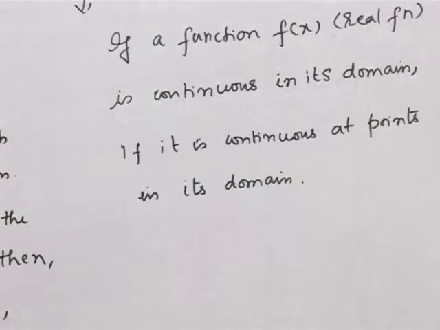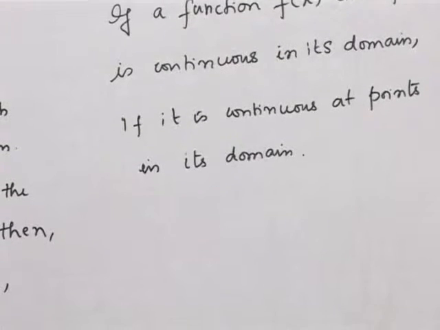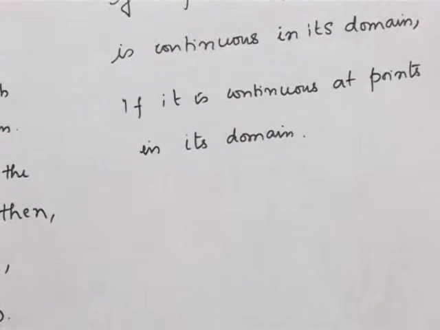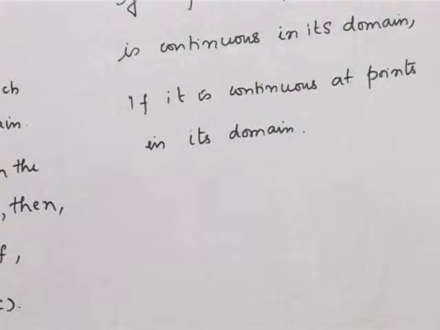So now this requires that we take any point in its domain, and at each point in the domain of the function, if the function is found to be continuous, then the function is said to be continuous. So this is called continuity of a function itself.